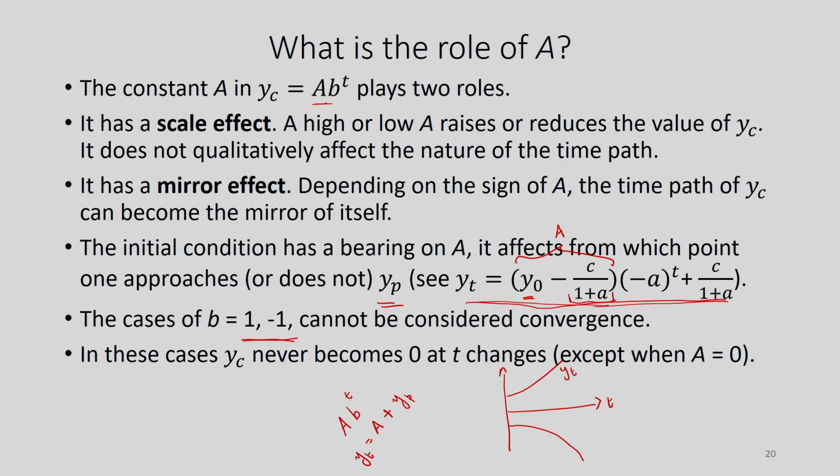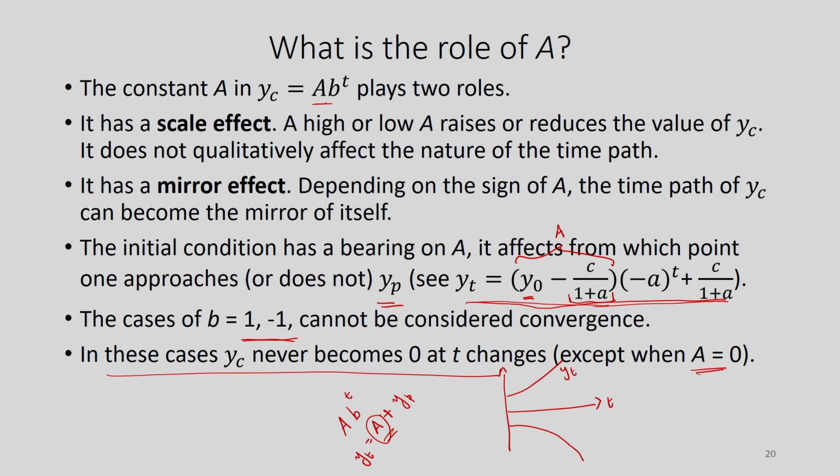Therefore, since A is constant, y t is not equal to y p. In other words, y c does not become 0 as t changes, because t has no bearing on A, unless A is just equal to 0, but that will be a very rare case of coincidence where you have the first term dropping out.